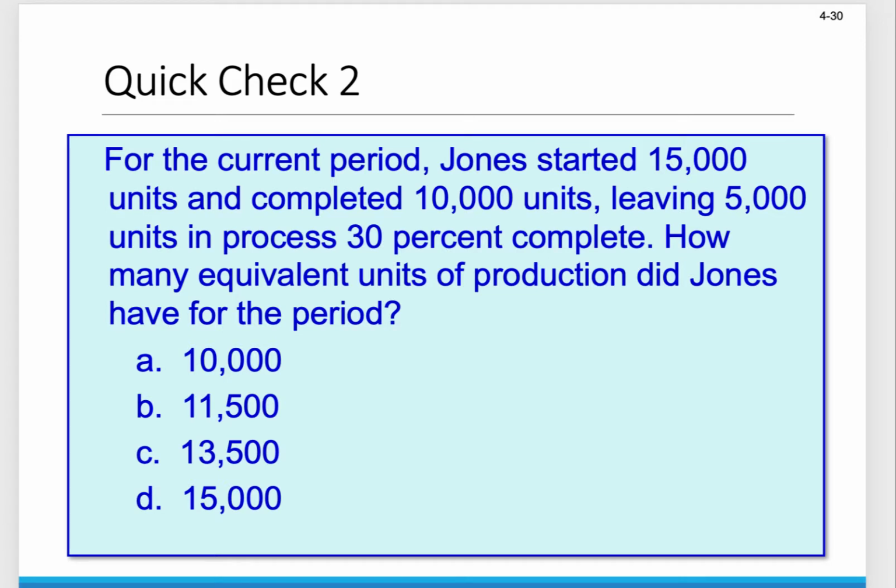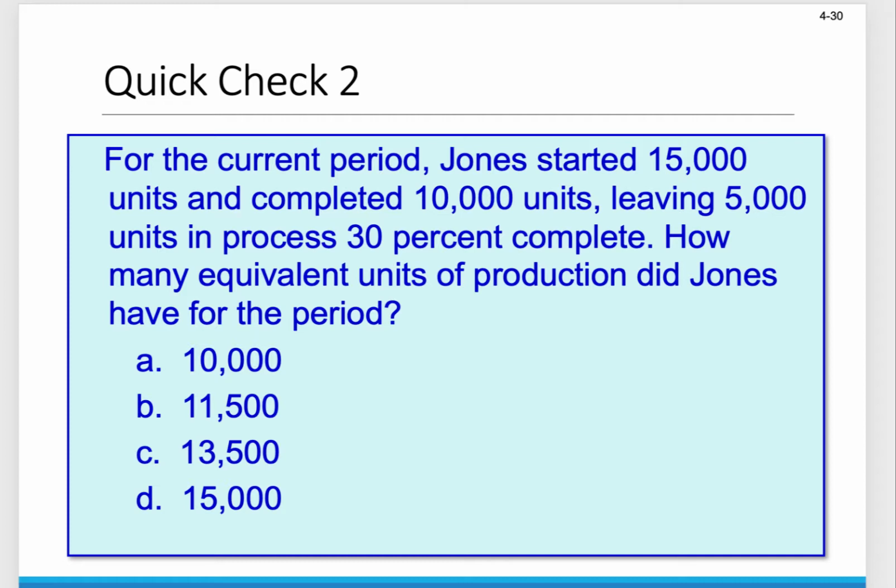So we can look at this here. Let's do a quick check. For the current period, Jones started with 15,000 units and completed 10,000 units. They're leaving 5,000 units in process that are 30% completed. How many equivalent units of production did Jones have for the period? Now, let's think about this.